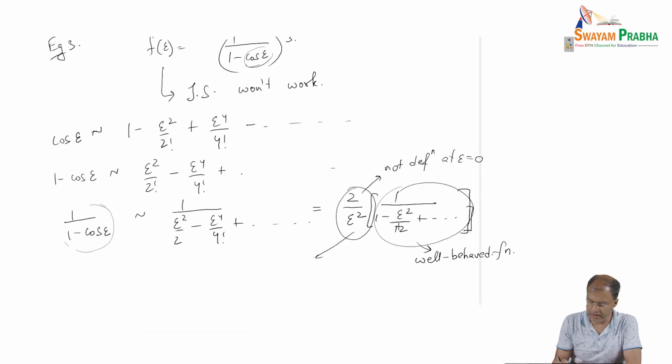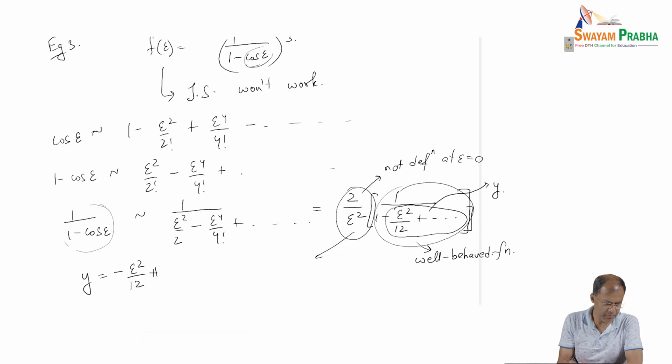So anyway, we can still write down the series expansion here. We see that now if we were to take this series to be y, right? So this is y here, and now what we have is that our y is minus epsilon square by 12 plus epsilon 4 by some factor and so on, right?